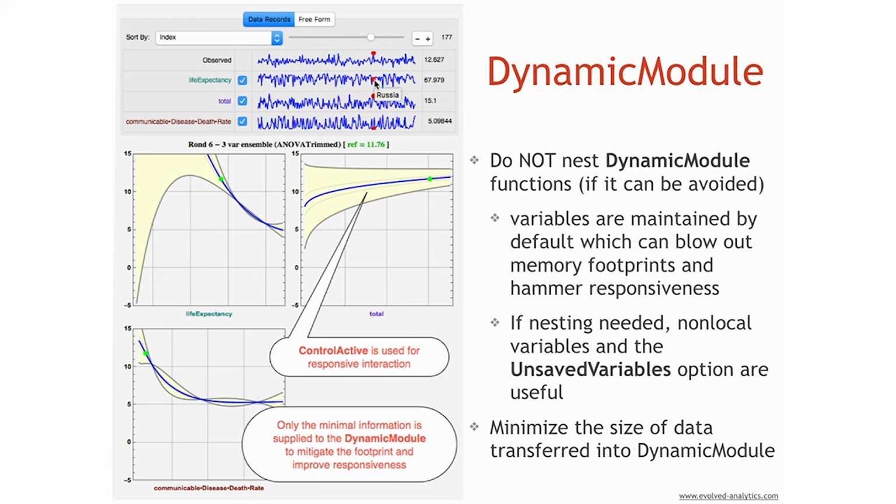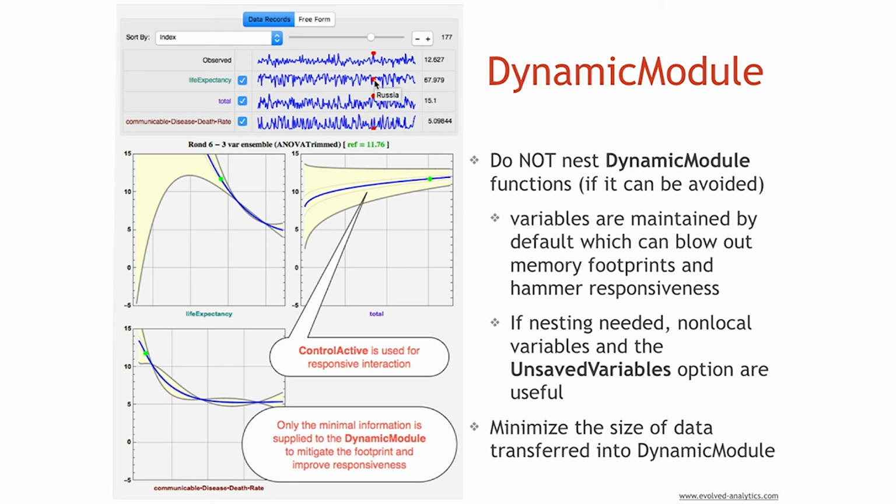DynamicModule by default embeds its information, the stuff that's supplied to it, in the DynamicModule. So this is great, but here I can have thousands of variables in my original data set. This is looking at the response behavior of a model.